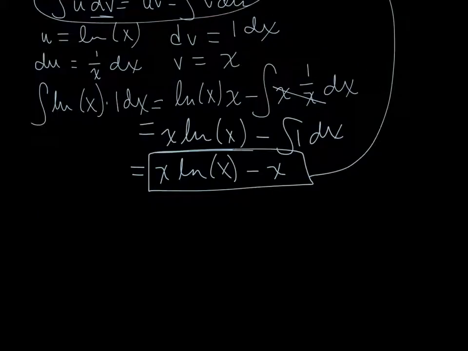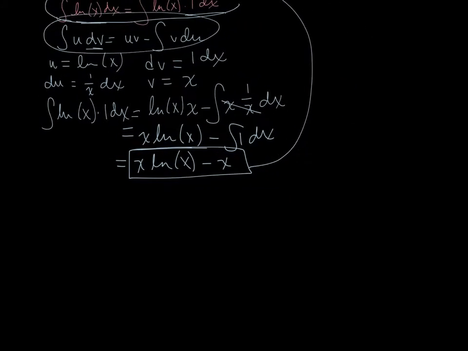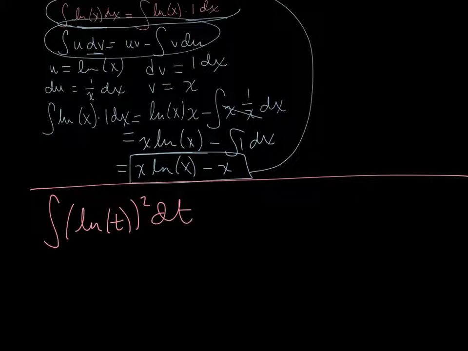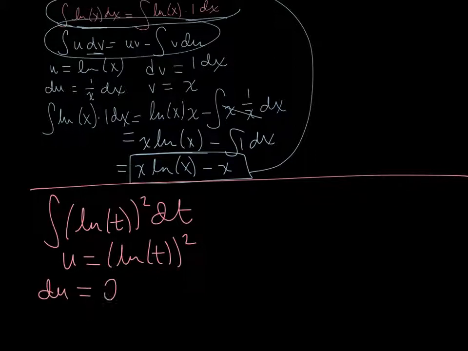So let's go back to that problem. I'm going to need that piece, meaning I have the integral of ln of t, and this whole quantity squared, dt. My u equals ln of t quantity squared. So my du, using the chain rule, would be 2 ln of t, and then times the derivative of the inside, which would be 1 over t.